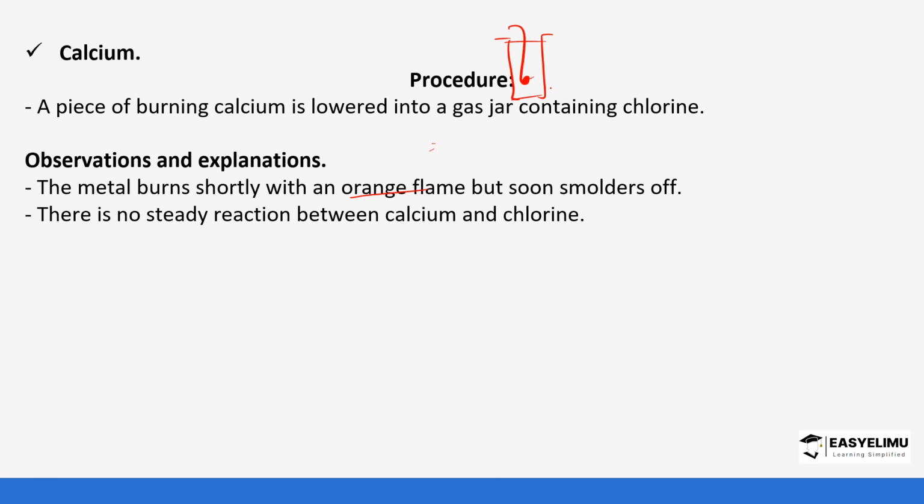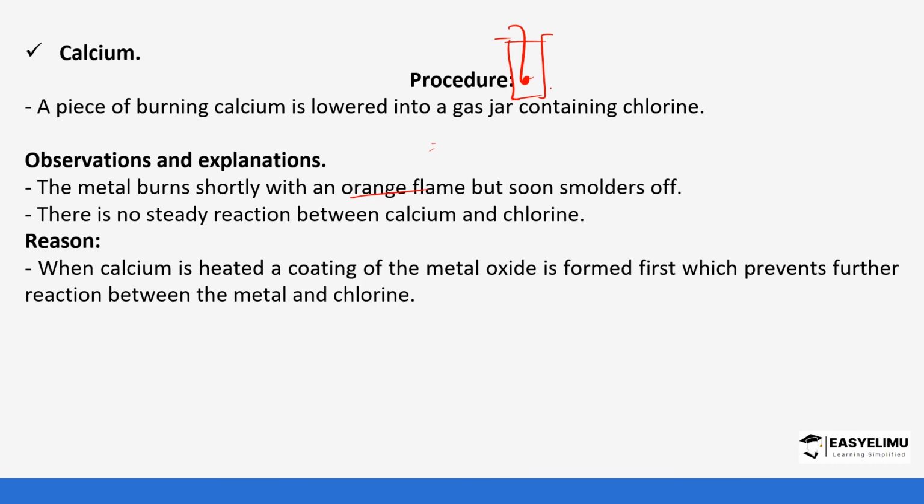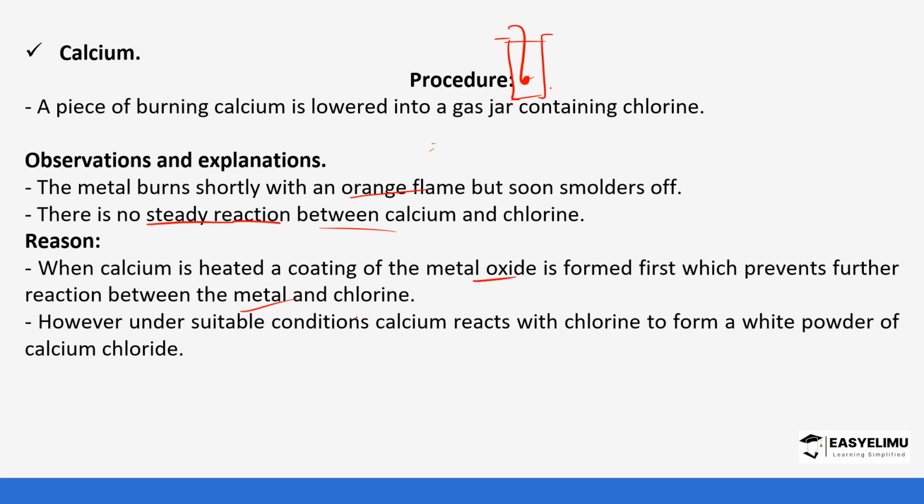Heating usually helps in the reaction, but because calcium is coated with an oxide layer, it takes a lot of time for that reaction to occur. That's why we say it's not steady. The oxide layer prevents that reaction from occurring.